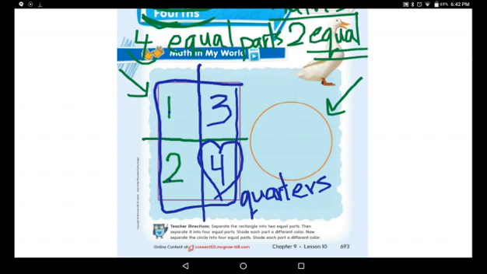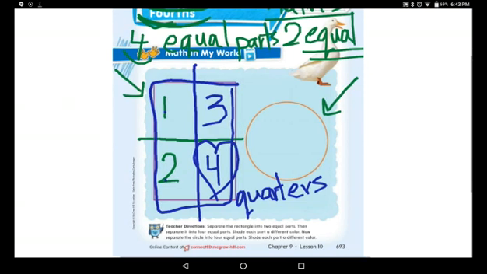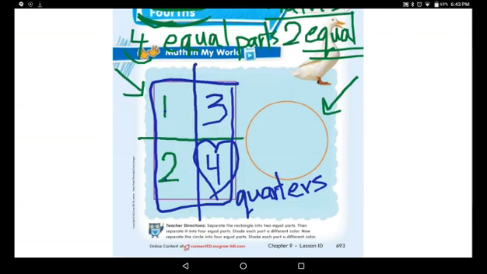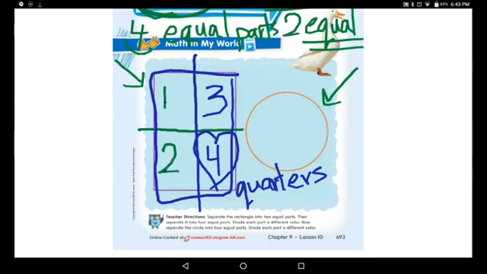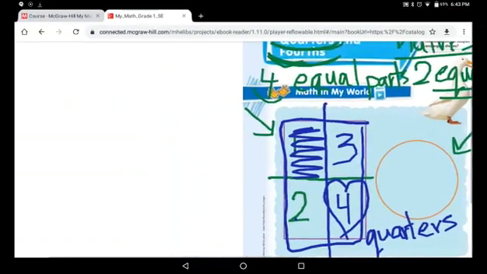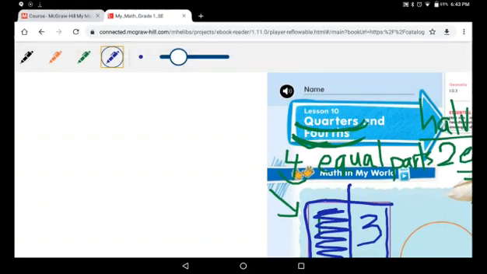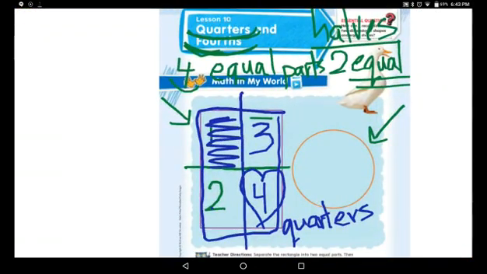Now, can you separate this whole circle into 4 parts? Exactly the same as I did with you with the rectangle. First you cut it vertically, then you cut it horizontally. Then count the parts. Okay? You can also color the parts with different colors. I colored the first part with blue. I can color the second part with green.